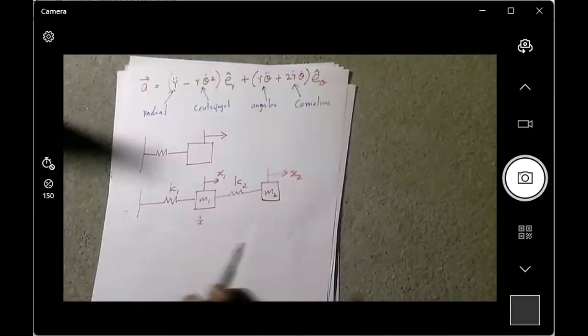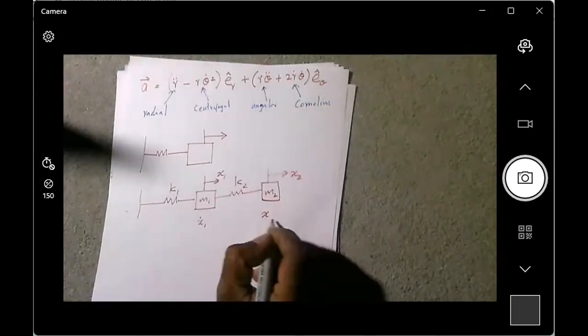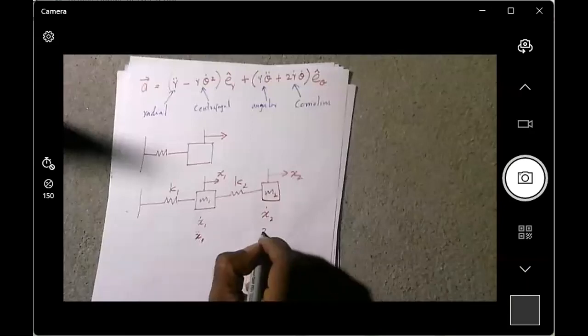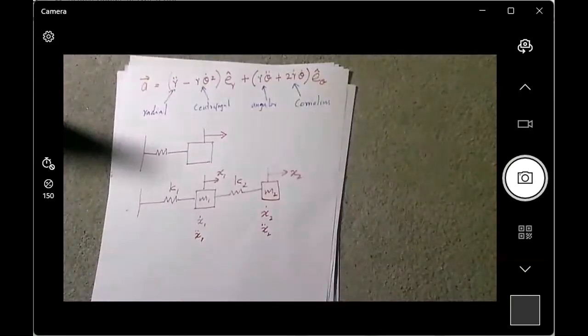Velocity of M1 will be x1 dot, and this one x2 dot, and the acceleration is x1 double dot and x2 double dot, right? Can you write the 2 equations for M1 and M2? Take a few minutes and try to write the equations for mass M1 and for mass M2.